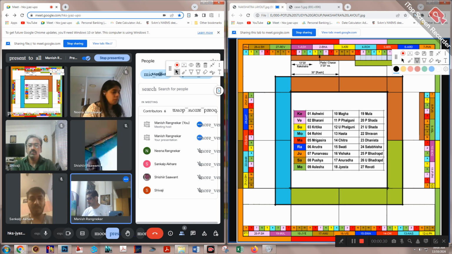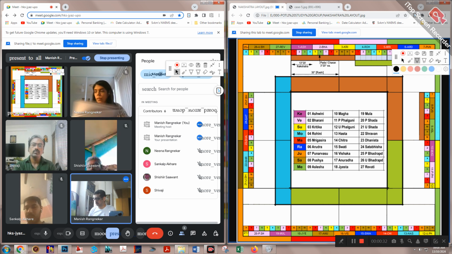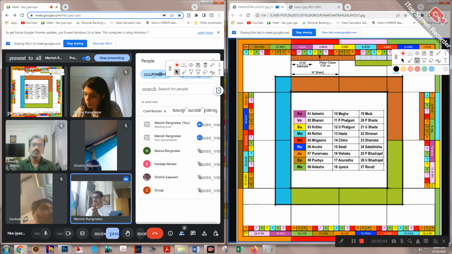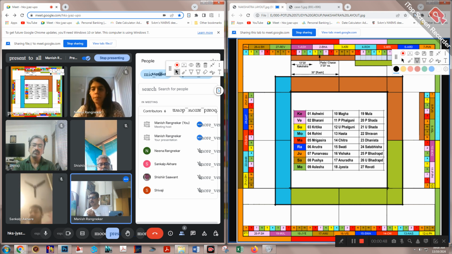Nakshatra actually is a little advanced technique to be used, but I think it's the most important thing, and if you get used to it right from the beginning, it helps a lot. So the first thing to understand about nakshatra is the entire zodiac is divided into 27 nakshatras, which we'll understand in a bit.